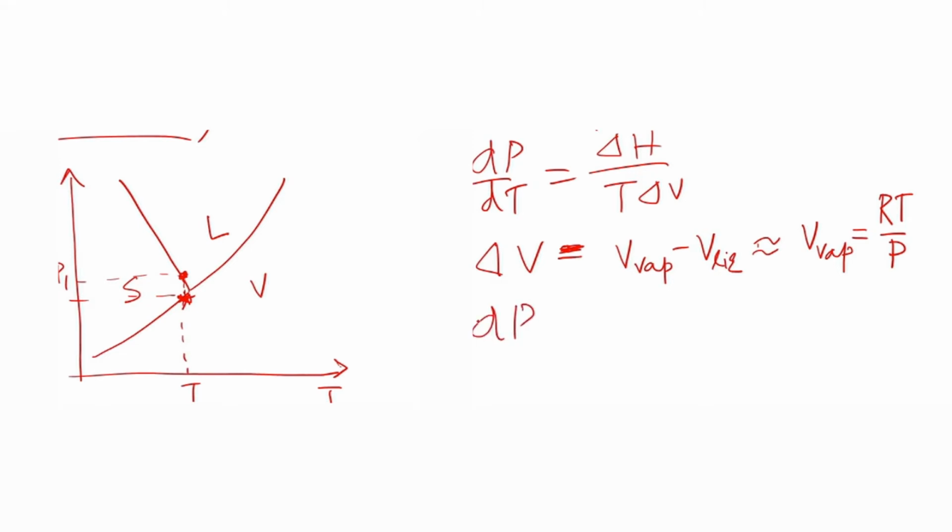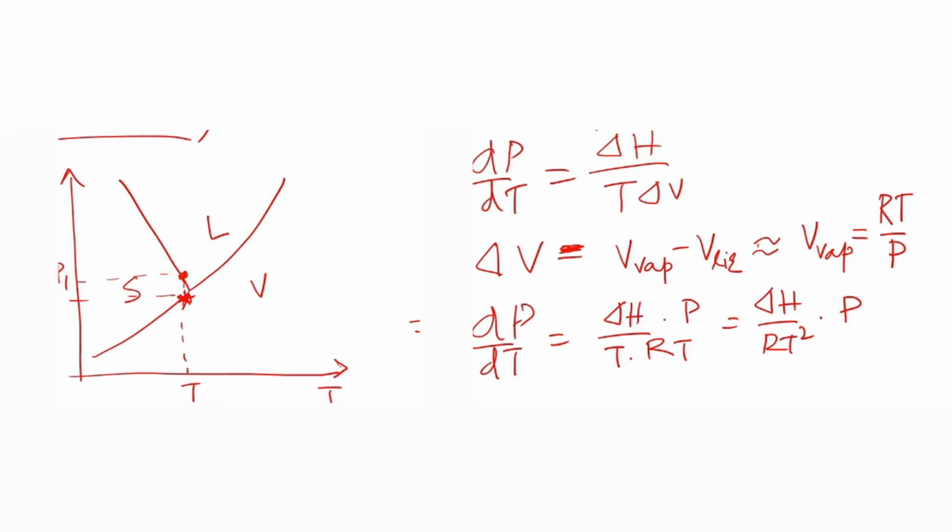So dP by dT is nothing but delta H by T, and we are putting this. So RT remains here, P goes up. That means it is delta H by R T square into P. You can follow my steps, right?